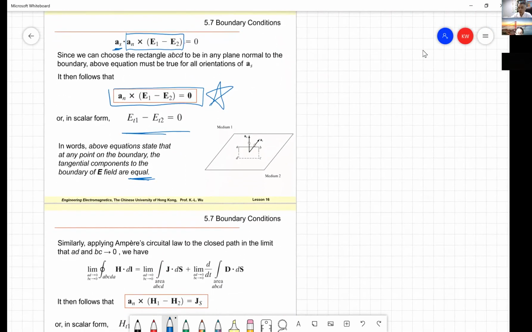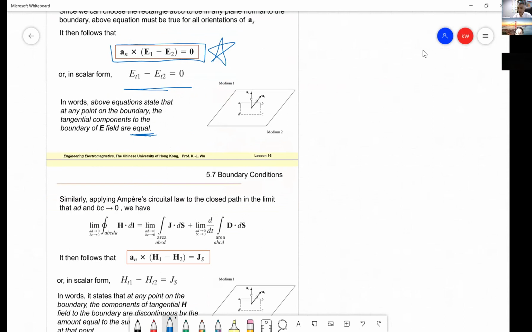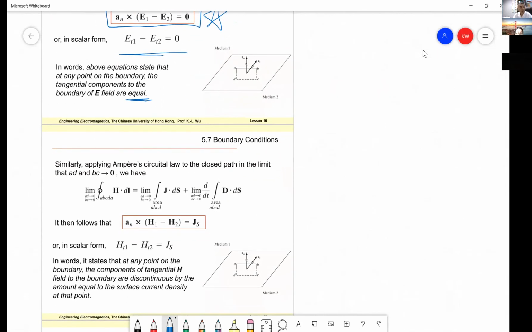Then we can extend this to another scenario. We use the curl of H, right? If we take the surface integration, this is what we call Stokes' theorem. On the left-hand side, the magnetic field deals with line integration.